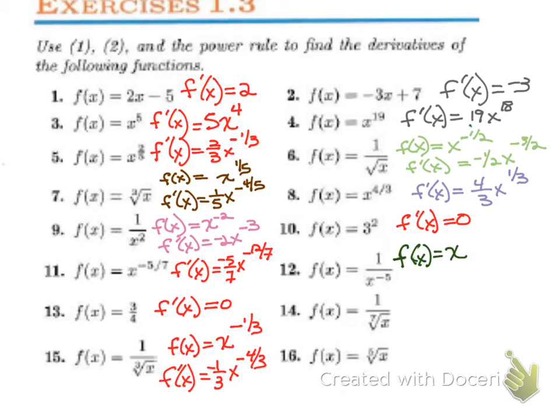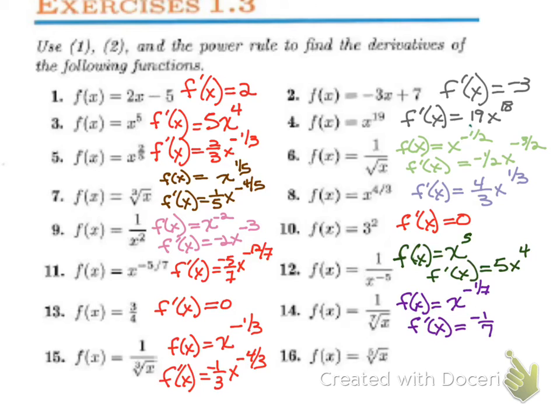Okay, this is f of x equals x to the 5. So therefore, f prime of x equals 5x to the 4. Okay, the next one, this is rewritten. F of x equals x to the negative 1/7. And I had all kinds of different answers for these problems, so look at these closely.